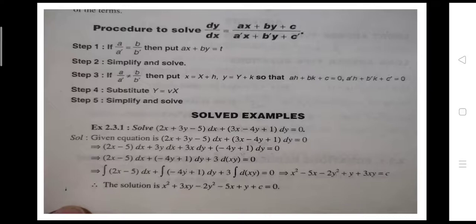Now integrating: integration of (2x - 5) dx plus integration of (-4y + 1) dy plus 3 times integration of d(xy) is equal to 0.